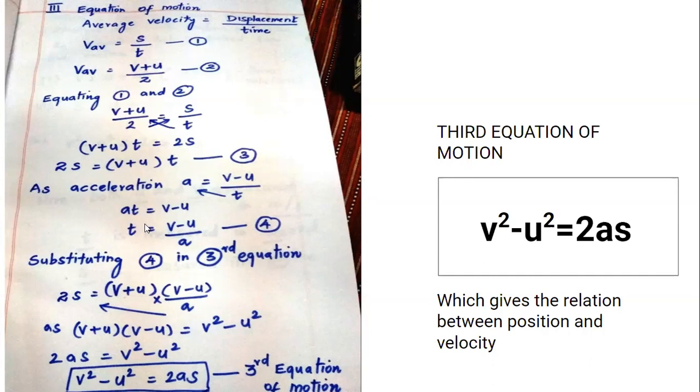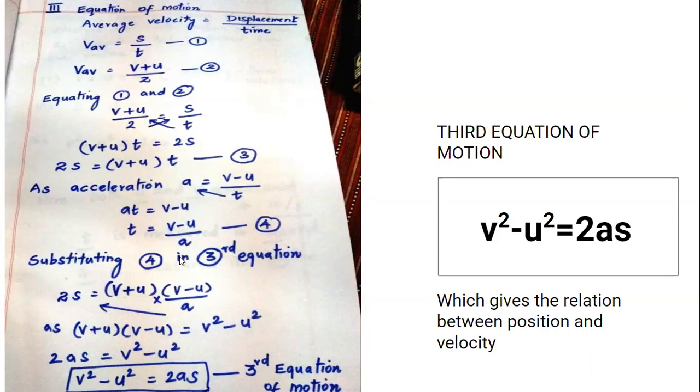Why we are doing this is we just need it for substituting for time. So now we are taking that time to the left hand side. So T is equal to V minus U by A. Here we are expressing the time in terms of initial and final velocity and acceleration.